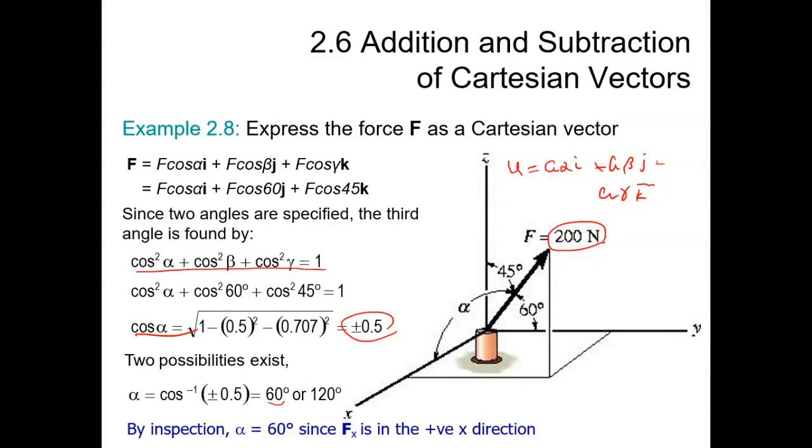This is the first quadrant. That would project not on this side, but on the opposite side. But by looking at the figure, I find that this vector is in the first quadrant. So the first quadrant only takes the acute angle, not the obtuse angle. Yeah. Three-dimensional is not always easy to visualize.